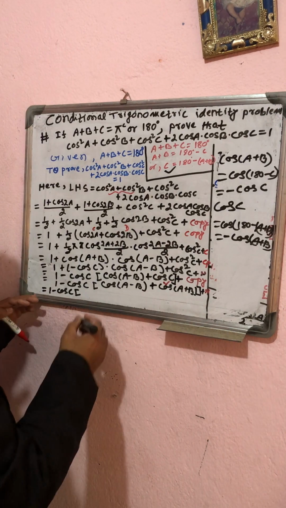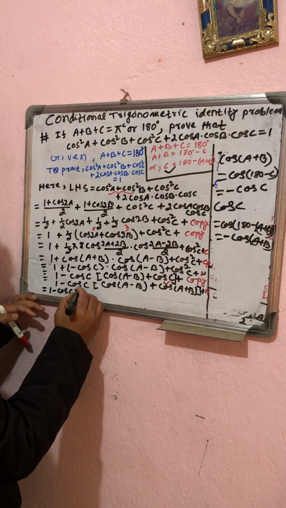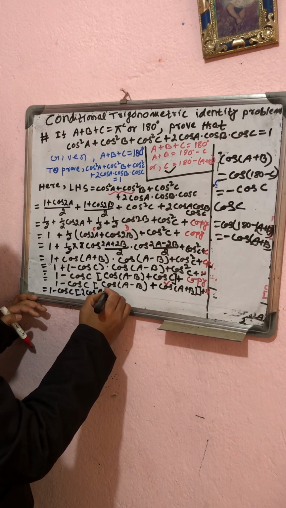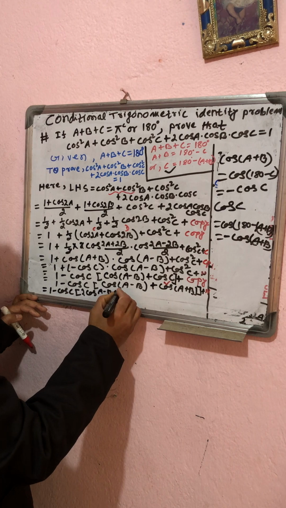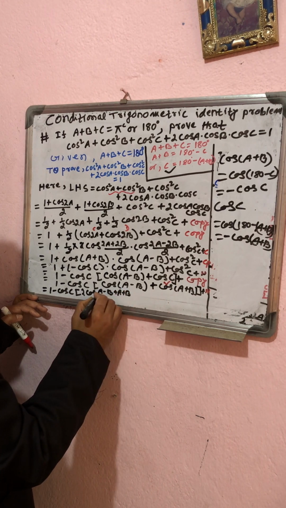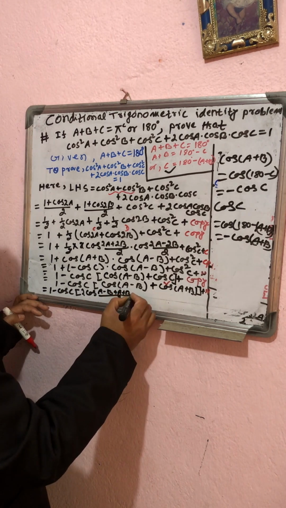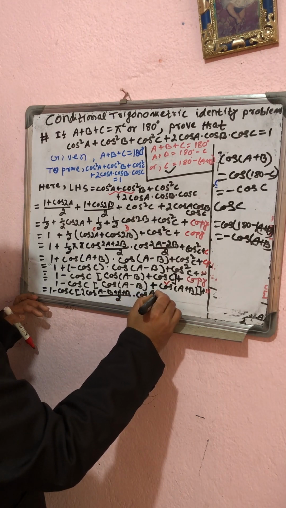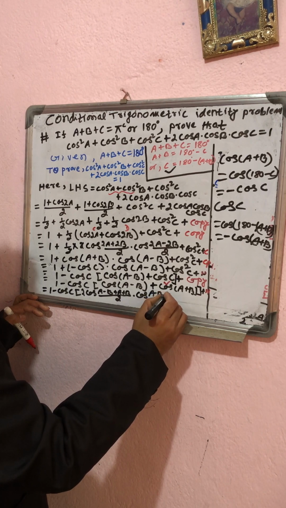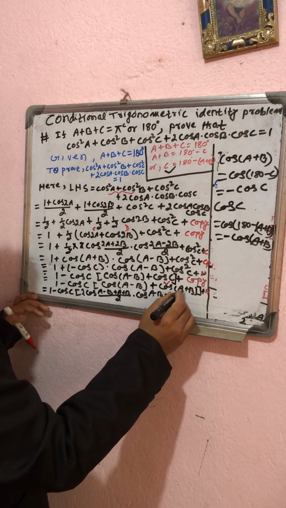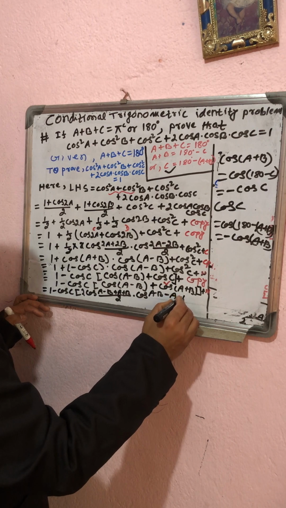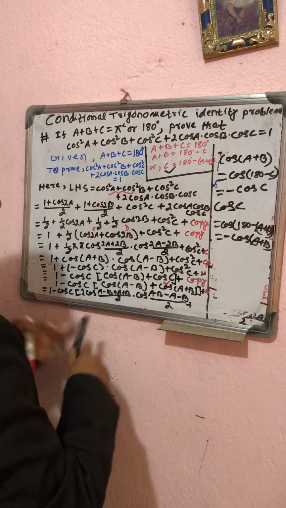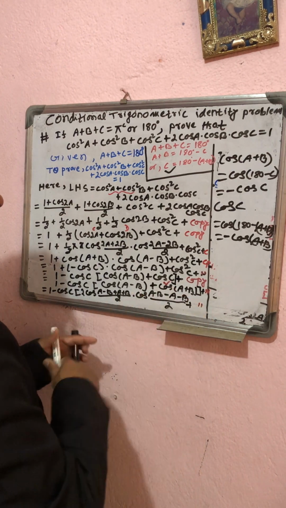If you do so, you will have 2 cos of ((A minus B) plus (A plus B)) divided by 2, times cos of ((A minus B) minus (A plus B)) divided by 2, and you keep continuing like that.